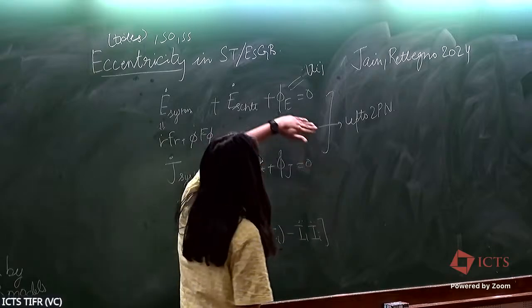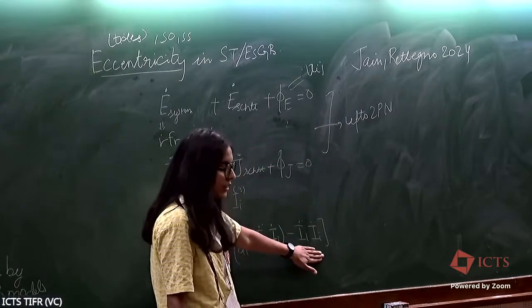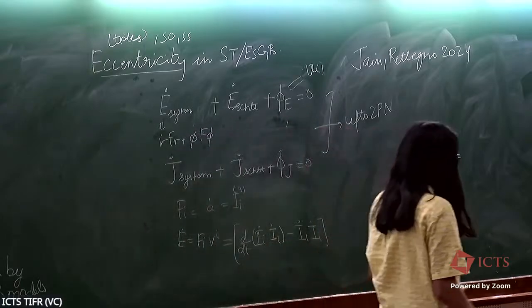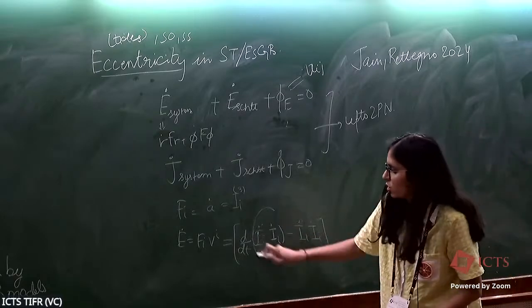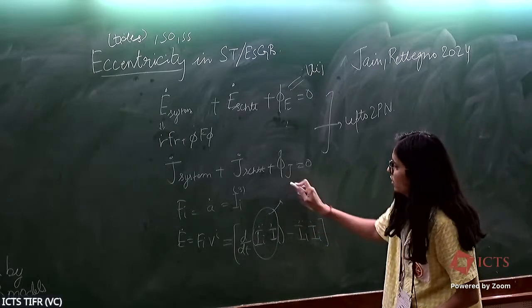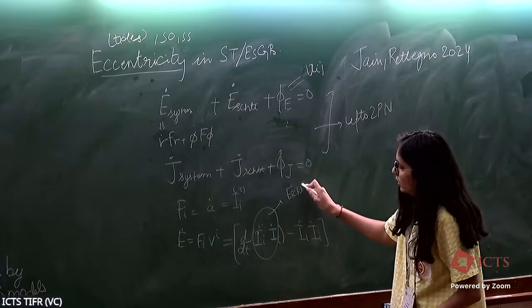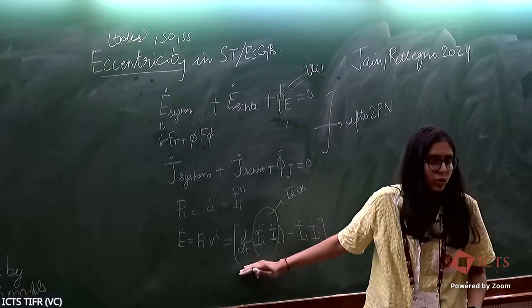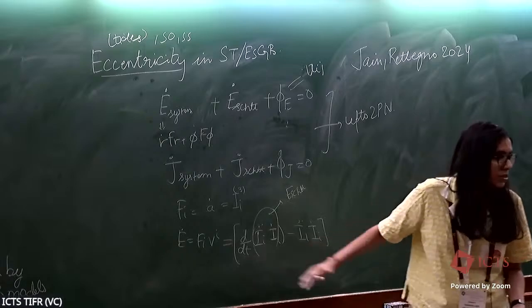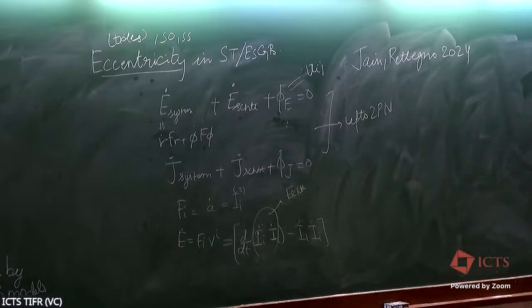This term, you know, is the flux, because that's how the flux behaves. It's a square of the dipole moment. So this term becomes the short term, E short. And it can be easily seen that this is a total time derivative term, which I just mentioned briefly when I was talking about the radiation effects for eccentric orbits in GR.